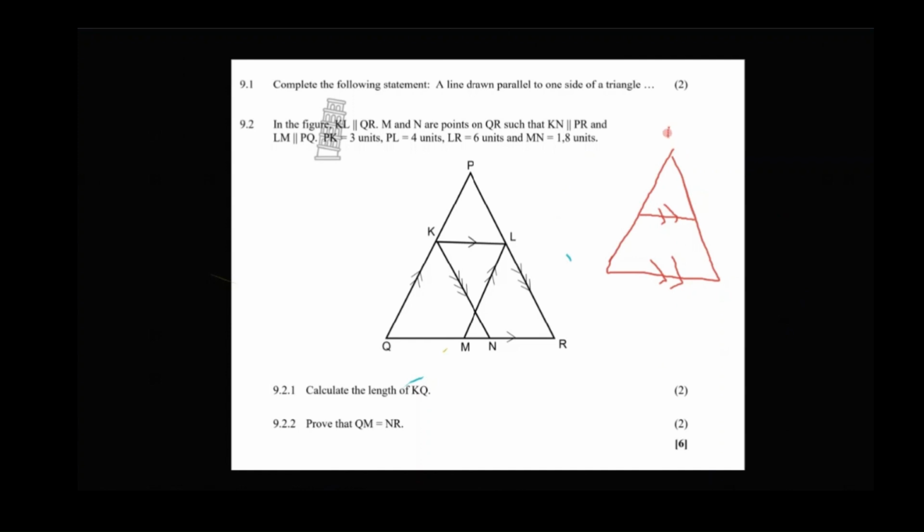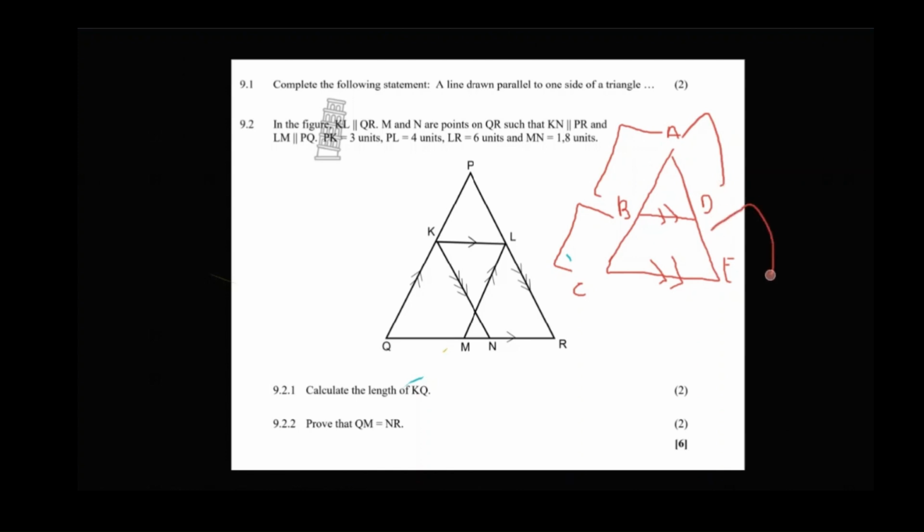Let's say, for instance, we've labeled this as A, B, C, D, E. Since we have a line that is parallel to one side of the triangle, this parallel line divides it proportionately. So that means that line AB over line BC is going to be equal to line AD over DE.